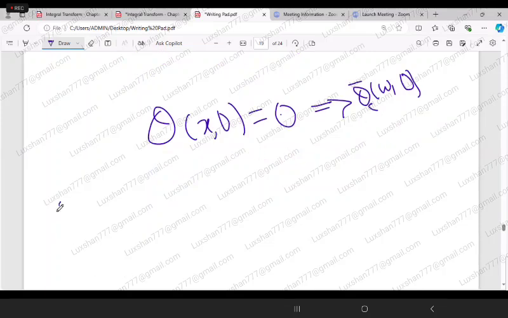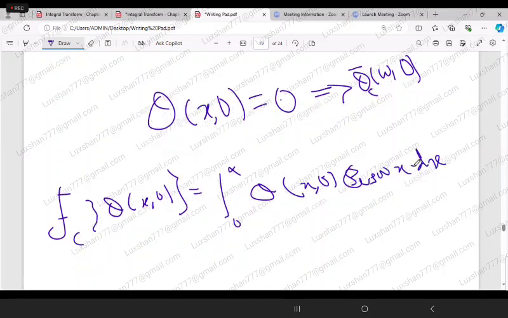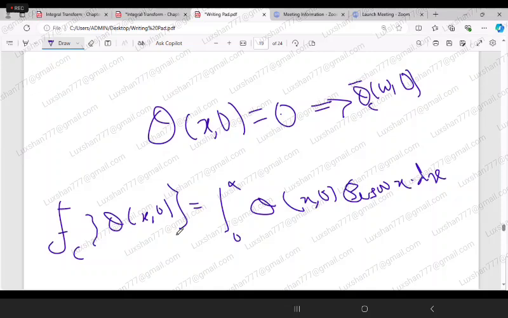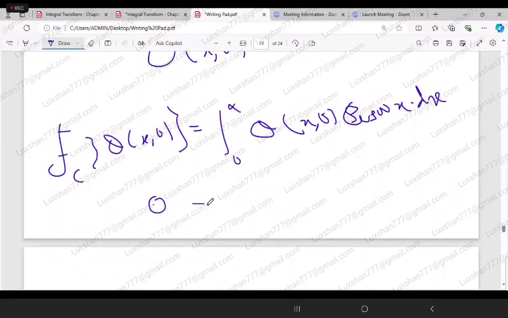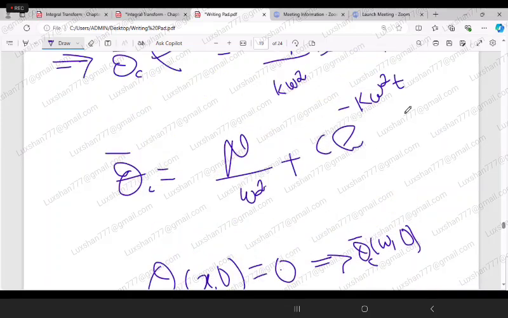If I take the Fourier cosine transform of θ(x, 0), it is the integral from 0 to infinity of θ(x, 0) into cos ωx dx. But already this function is 0, therefore the right hand side is 0, equal to this θ̄c. So when t equals 0, this one is 0.